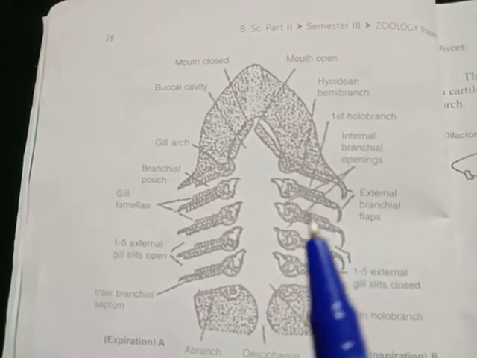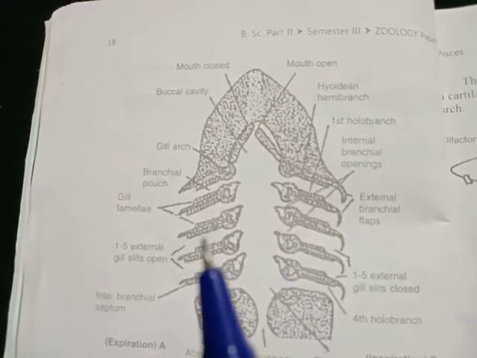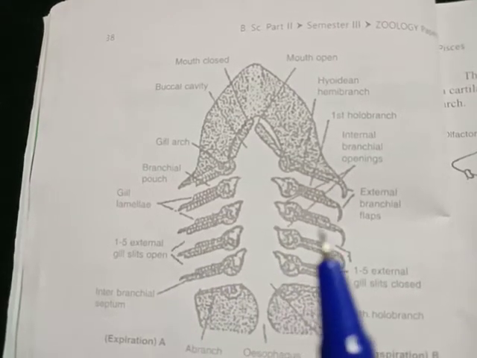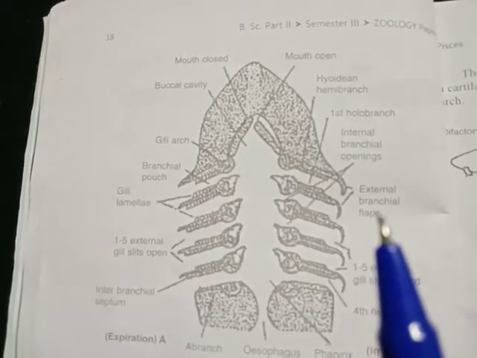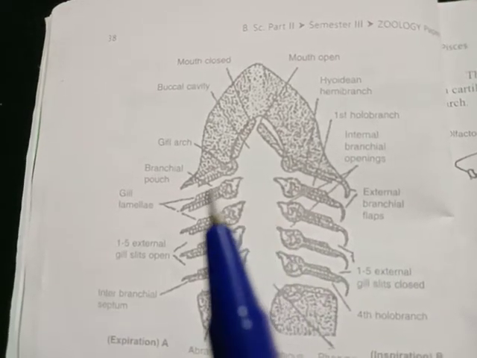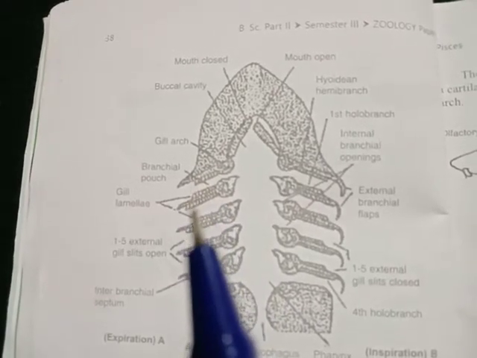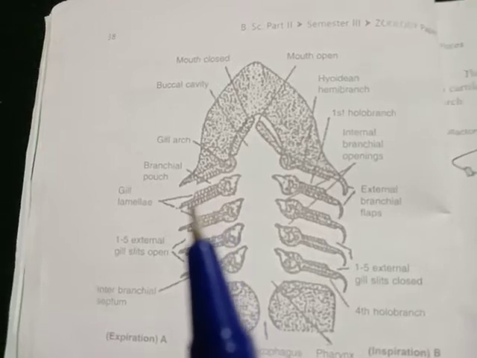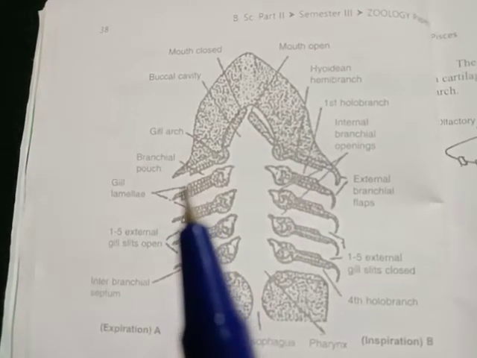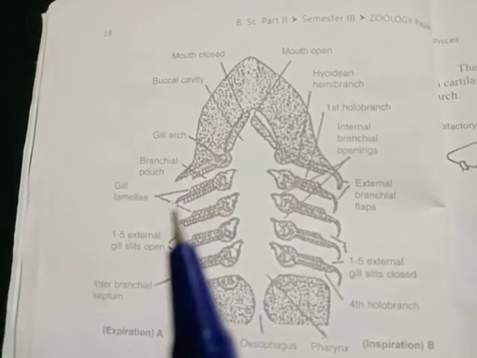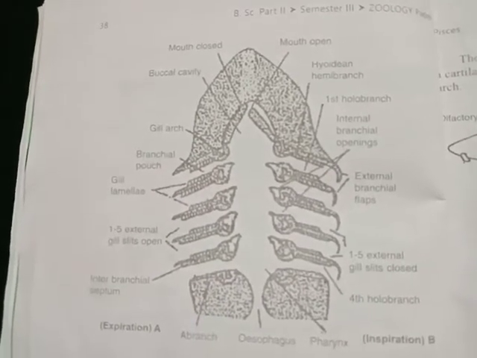You see, these are the internal branchial apertures, and outside by external branchial apertures, and these are separated by a gill or interbranchial septum. So these are the interbranchial septa.